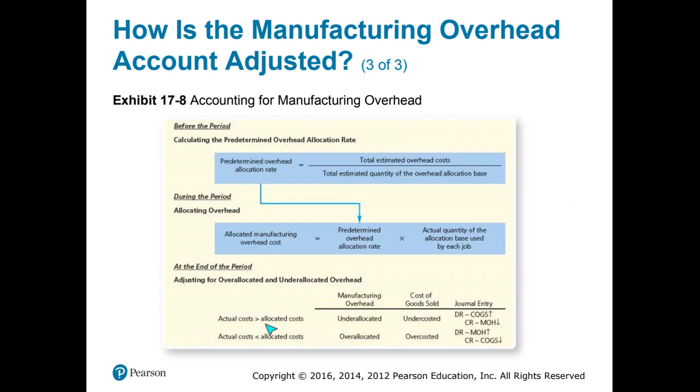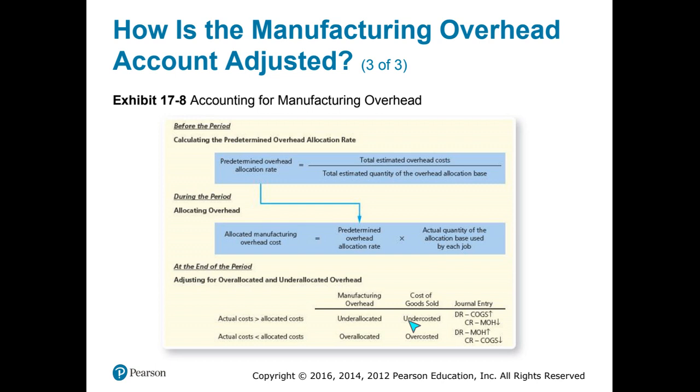This is an easy way to help you with that. So if you look down here, if the actual cost were more than allocated, that means your manufacturing overhead is going to be under allocated or understated. Instead of it being 10,000, it was actually 10,000, but we stated it as 8,000, so it was understated. Your cost of goods sold would be under costed.